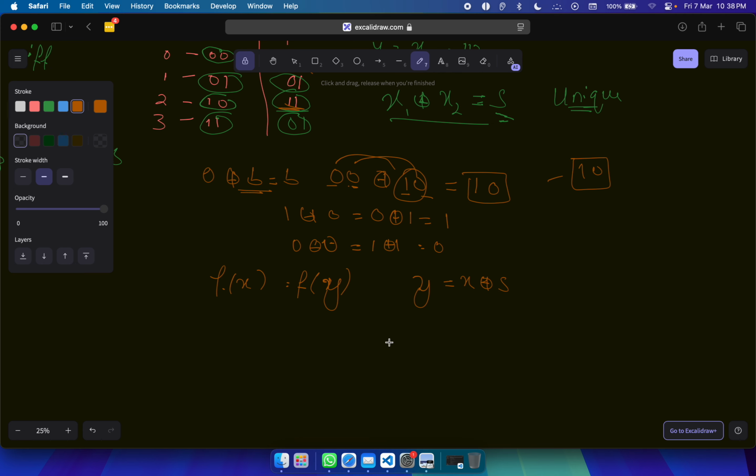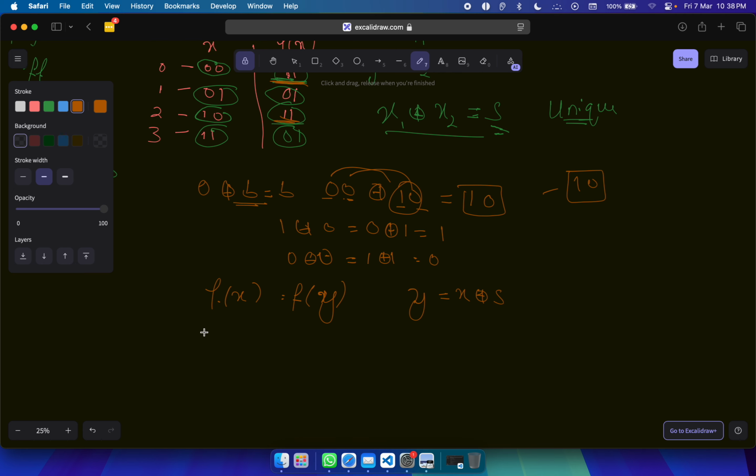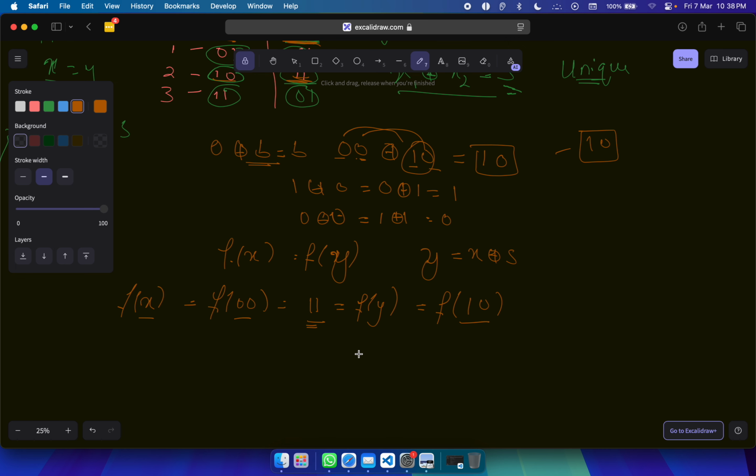Let's say our f of 0 0 gives us 1 1, which is basically f of y, which is equal to f of 1 0, right? 1 0 generates 1 1, and 0 0 generates 1 1, and we say this is f of x, this is f of y.